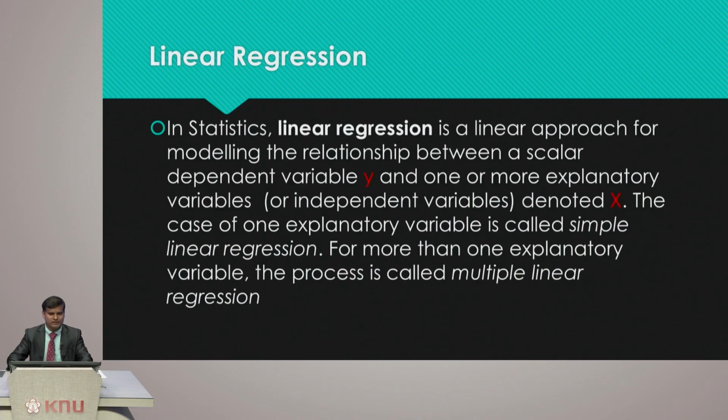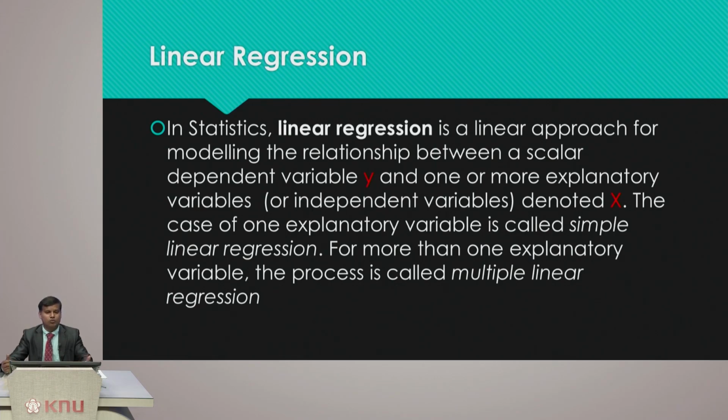So basically this is the definition of linear regression with regards to statistics. A linear regression is a linear approach for modeling relationship between a scalar dependent variable y and one or more explanatory variables or independent variables x. So when you have only one explanatory or independent variable, we call it simple linear regression.